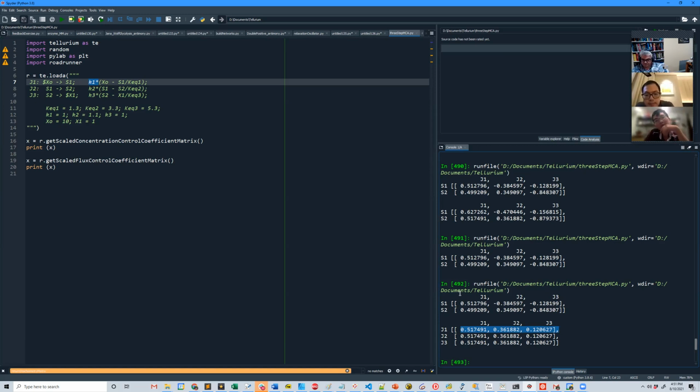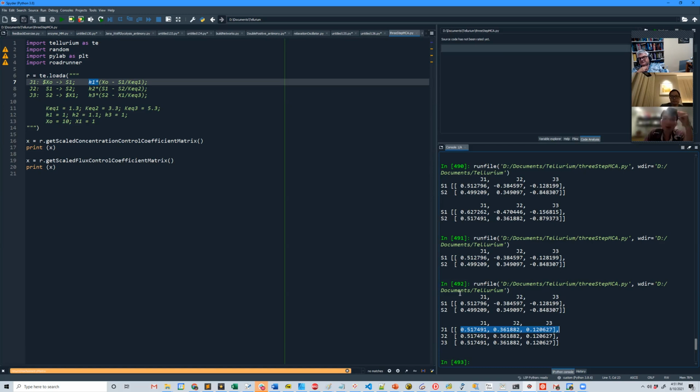Wait, one thing got confused, like on the control coefficient, like you say that is the delta J with respect to delta S, right? No, it's always with respect to some parameter or input. It's never variable with respect to variable.